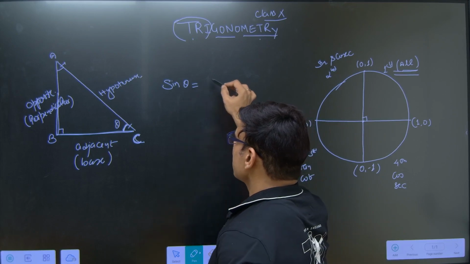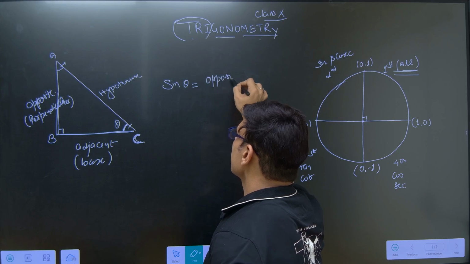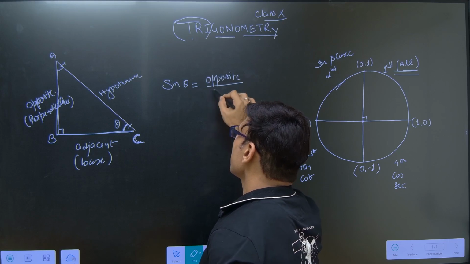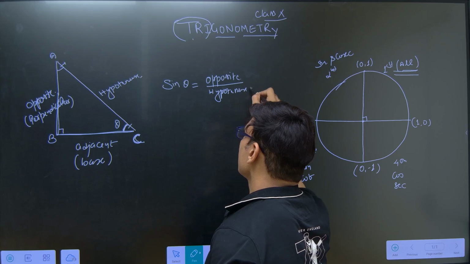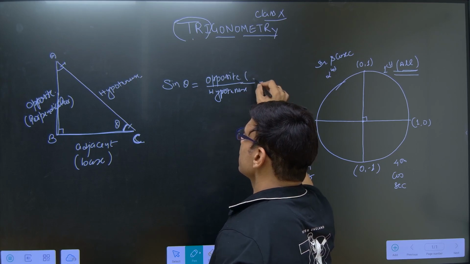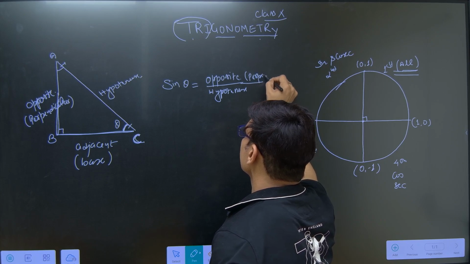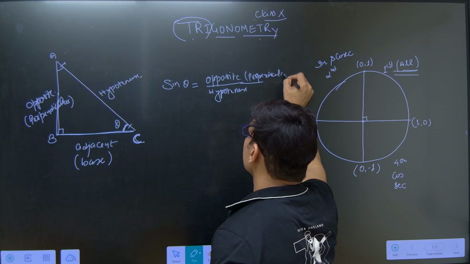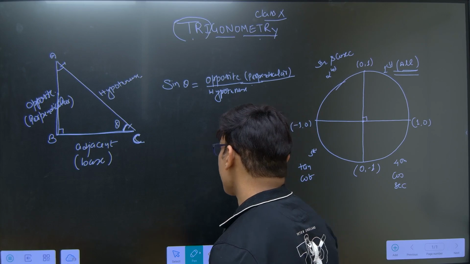So sine is nothing but opposite, not adjacent, opposite over hypotenuse. This opposite is also called perpendicular, and hypotenuse is hypotenuse only.